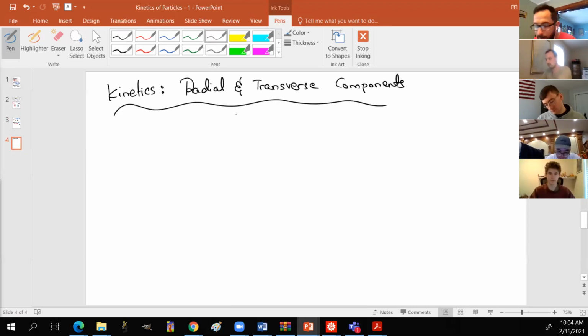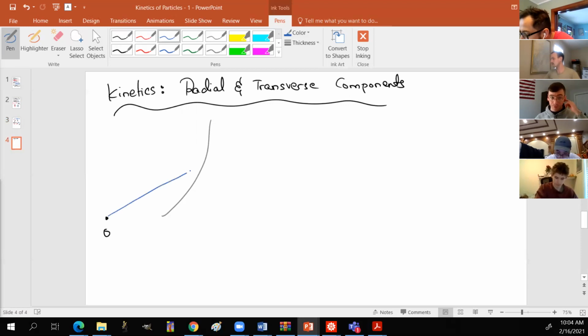All right, so now again, you've got your curved path, but now you always need to do radial and transverse with reference to an origin, right? So origin like that. And then you draw your position vector to wherever your particle is, right?